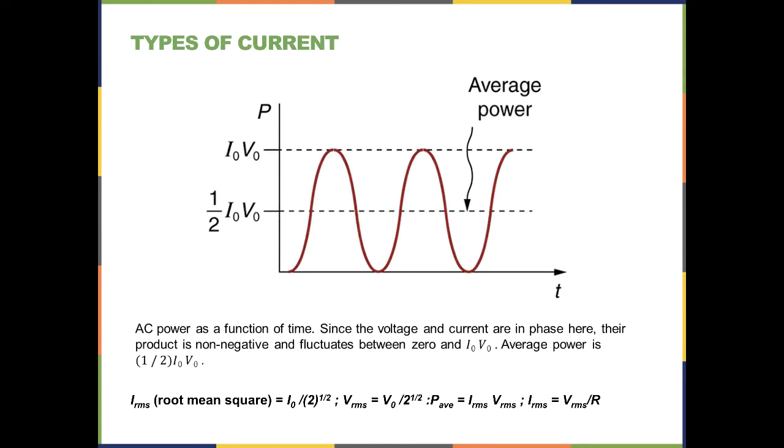Now, something called the root mean square of the current is not the same as the average, but it's close to the same as the average, and it's equal to the maximum divided by the square root of 2. The voltage is the same. The voltage is the maximum voltage divided by the square root of 2. The average power is going to be equal to the root mean square of the current times the root mean square of the voltage.